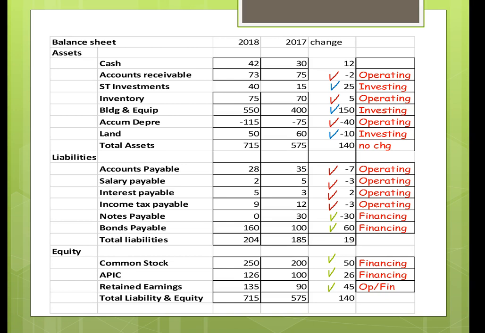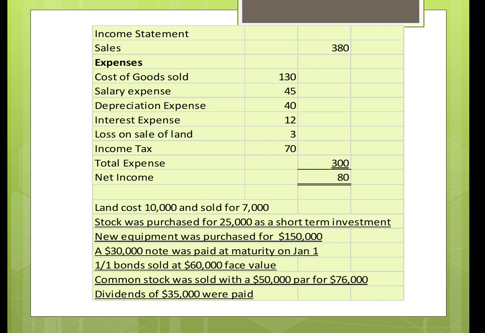So now, first of all, we want to look at that income statement, because the other thing we have to look for are any non-cash type of activity that would be included as part of net income. So when we look at this, we know that we have to take into consideration depreciation expense and that loss on sale of land.